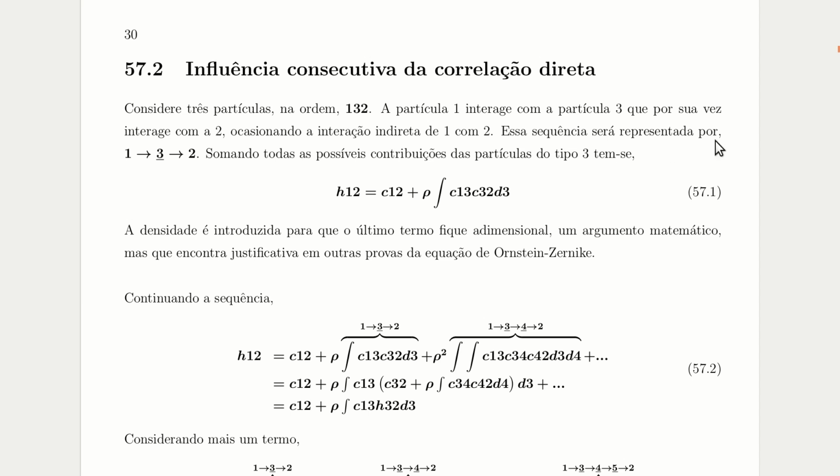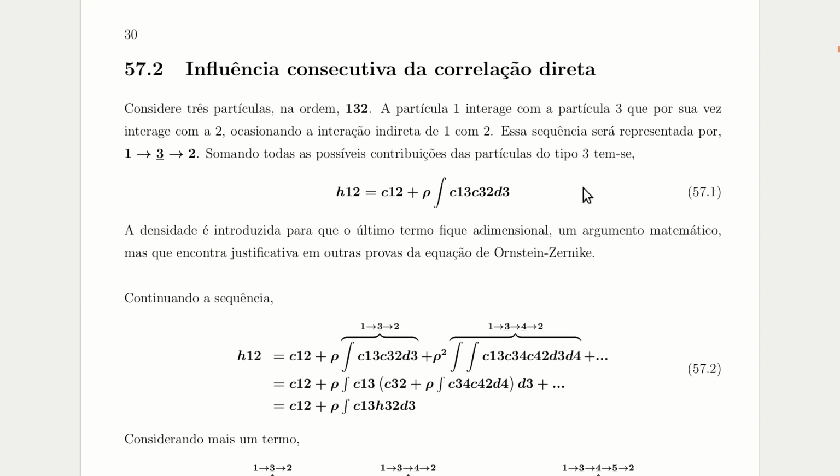This sequence of interaction I'm going to represent by that. The underline here is meant to say that particle 3 is between 1 and 2.